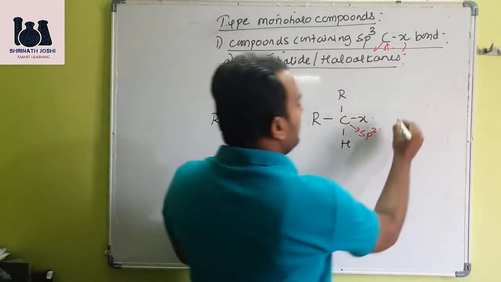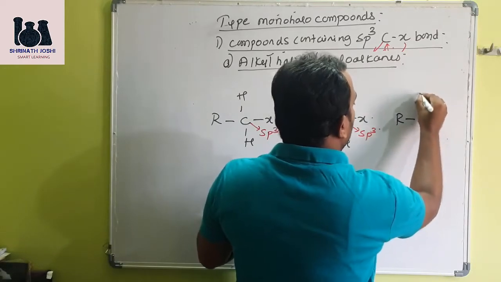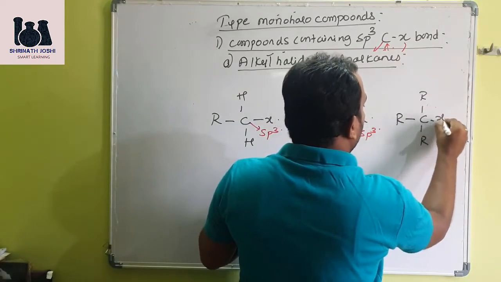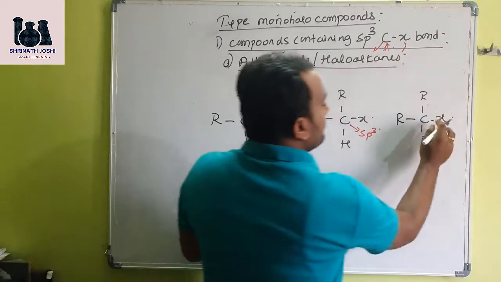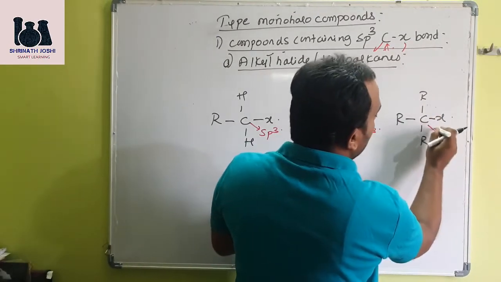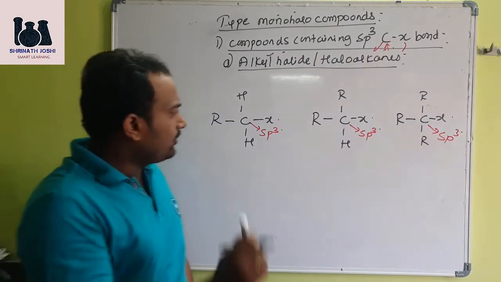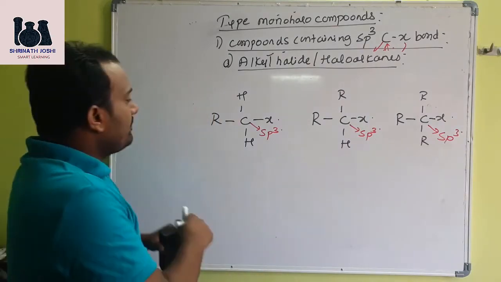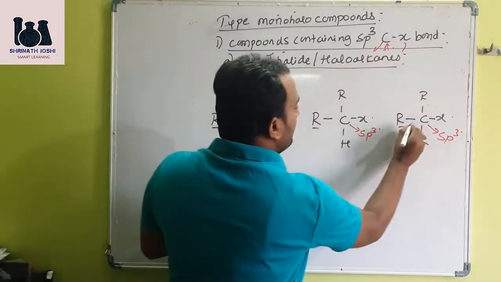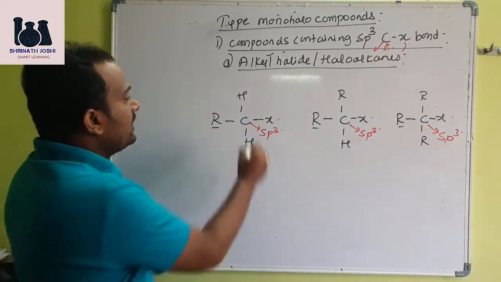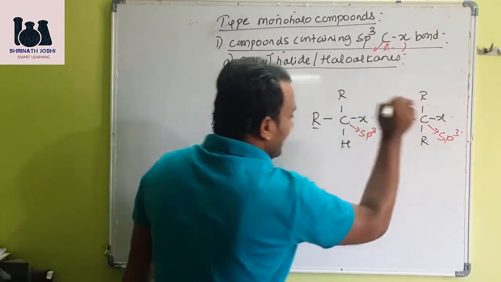Third also I write R, C, R and X. Here also no doubt this is sp3 hybridized. What is the difference among that one? If you look with careful observation, the number of R groups on the further compound it is increasing, whereas the number of hydrogen it is going to decrease.